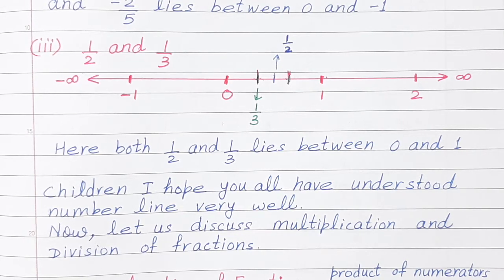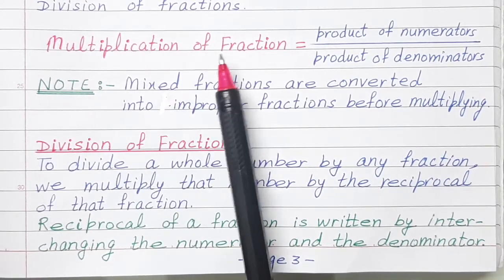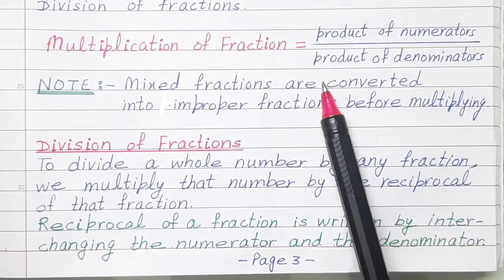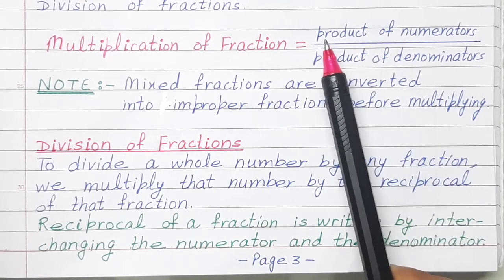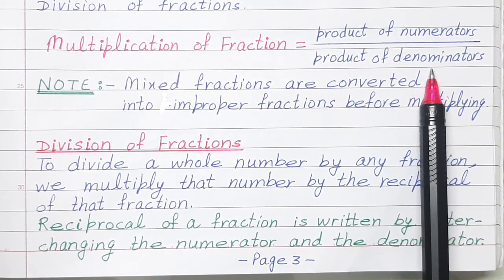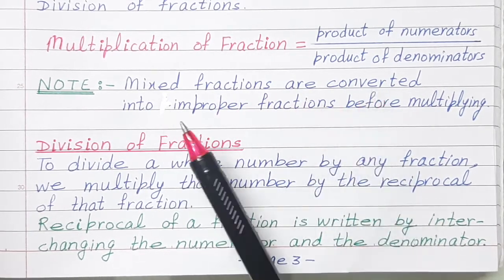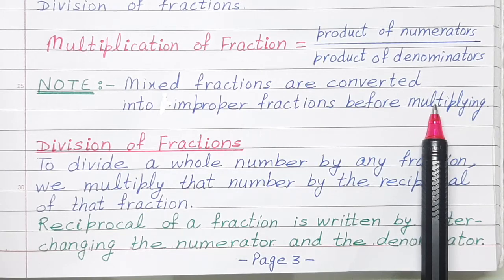Now let us discuss multiplication and division of fractions. Children, multiplication of fractions is product of numerators upon product of denominators. That means we have to multiply both the numerators and both the denominators. And in case of mixed fractions, we convert them into improper fractions and then we multiply, right?